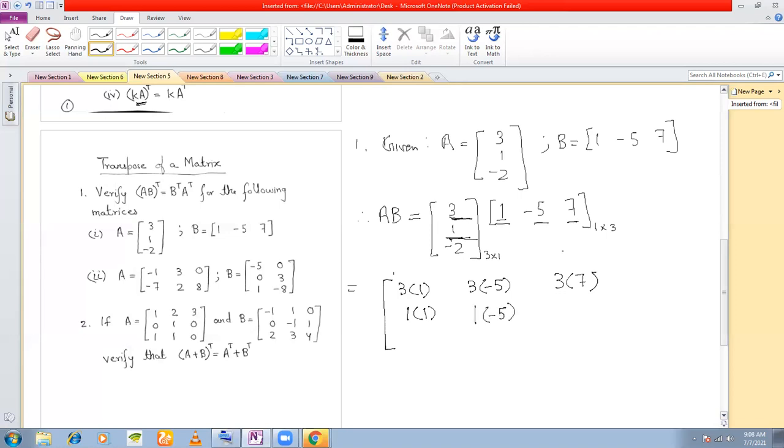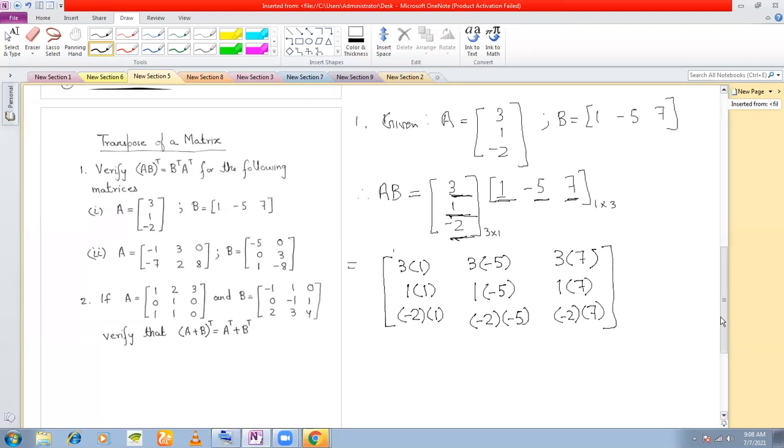Second row, third column, so 1 into 7. Next, third row, first column, minus 2 into 1. Third row, second column, minus 2 into minus 5. Third row, third column, minus 2 into 7.